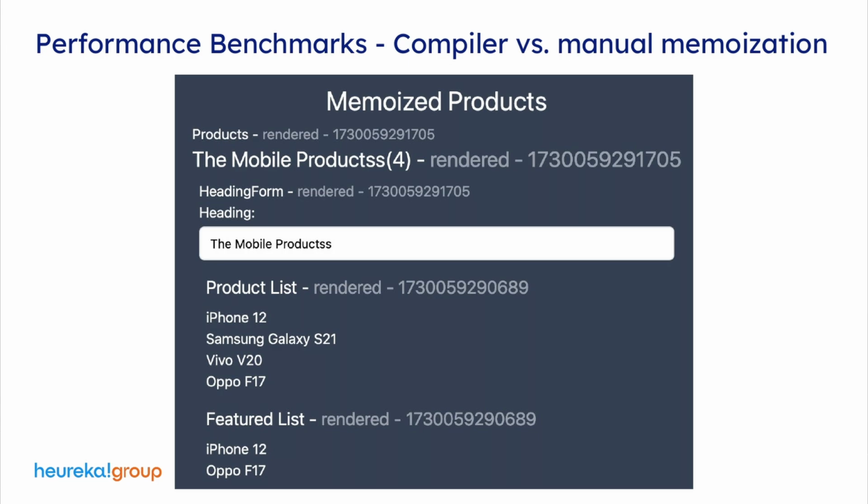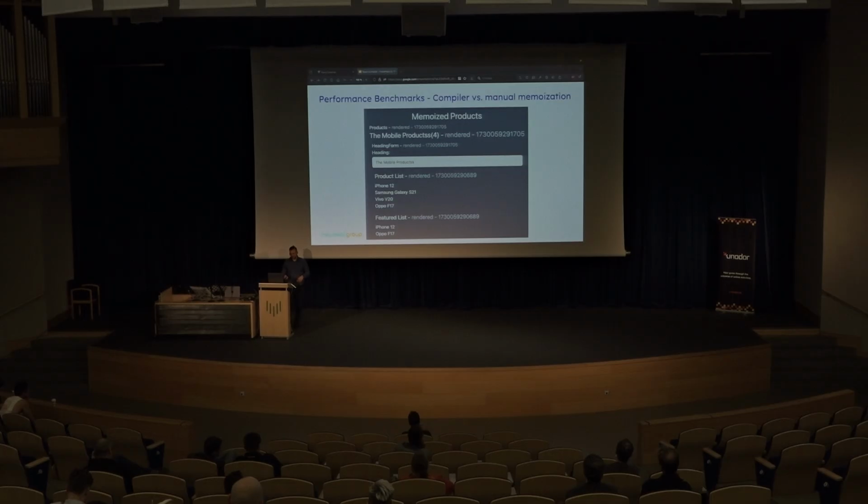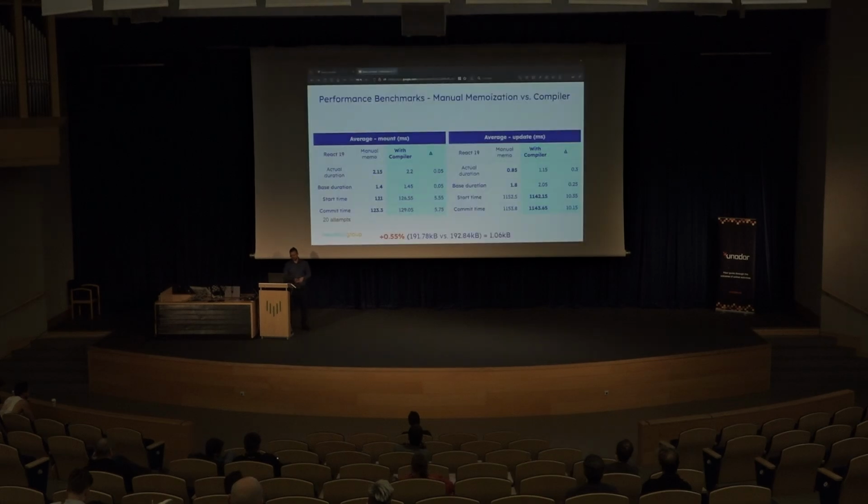But remember this one, compiler versus manual memoization. I measured the performance effect too. And here you can see that manual memoization is better, but the deltas are very small.